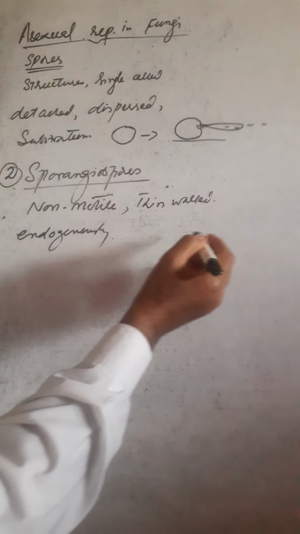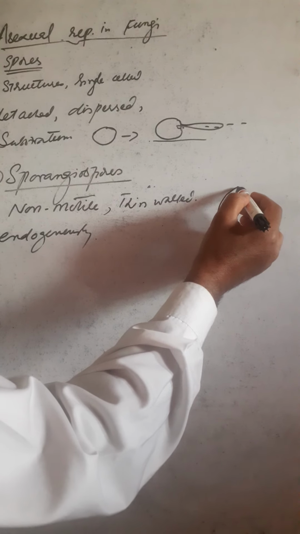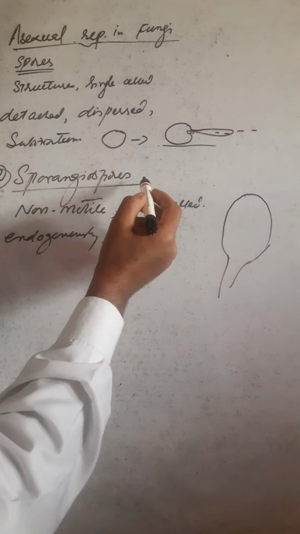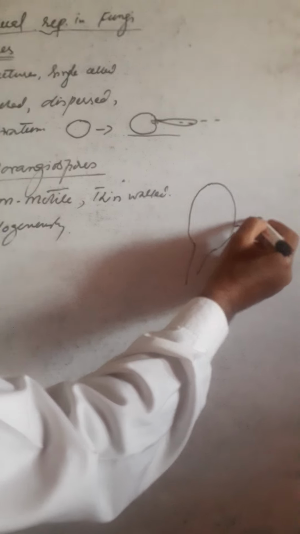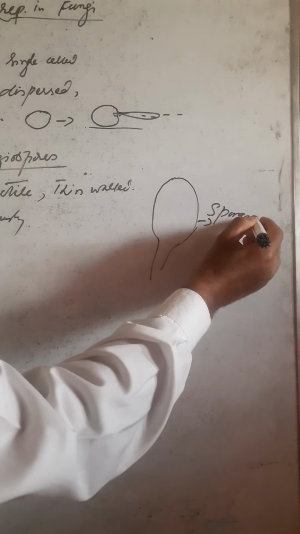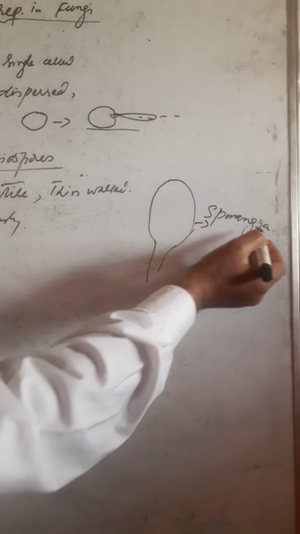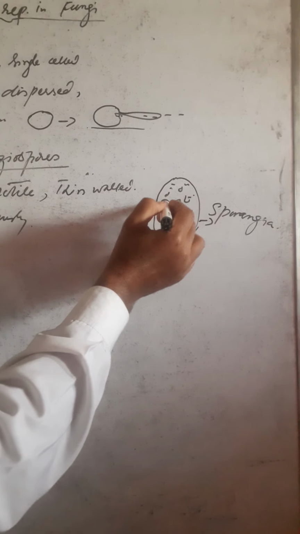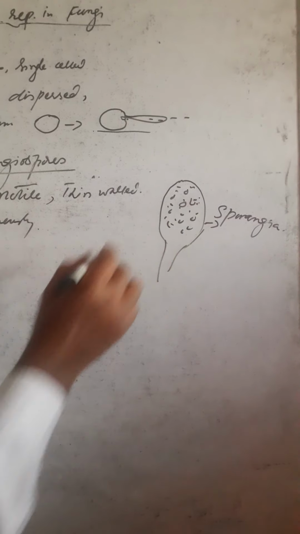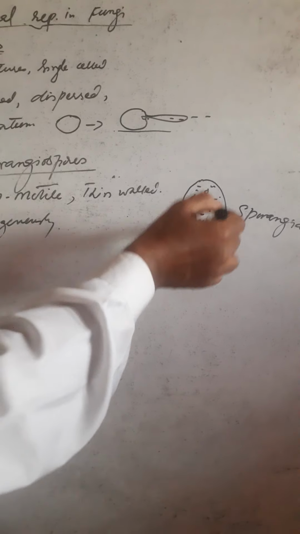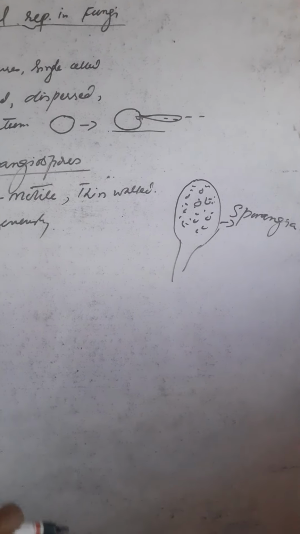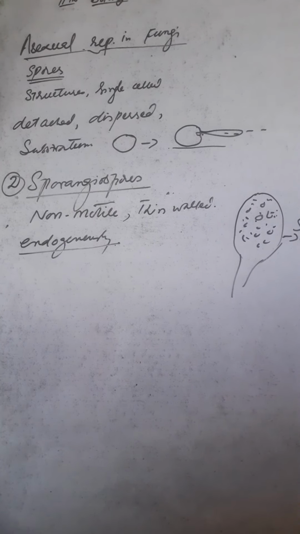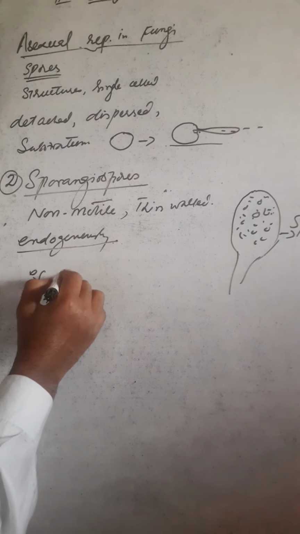That means the structures where these sporangiospores are produced, we call them the sporangia. Here we have the sporangiospores produced within the sporangium. So these are endogenously produced. For example, Rhizopus.